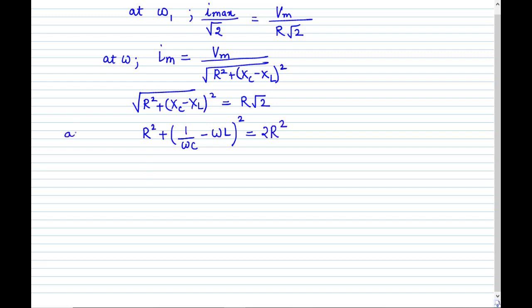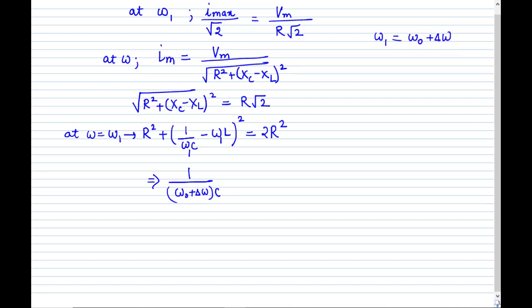So if we write omega is equal to omega 1, then in this equation we will have omega 1 here and also here. So this implies 1 upon omega naught plus delta omega into C, that is the value of omega 1, because omega 1 is equal to omega naught plus delta omega, right?